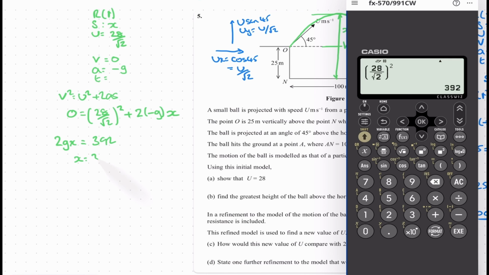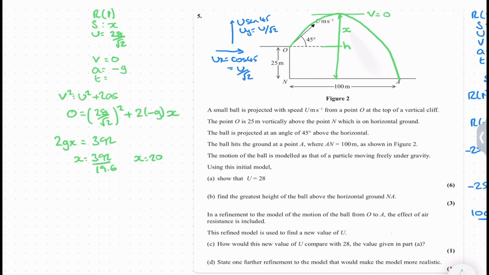So x will be 392 over 2 times g, 19.6. So x equals 20. If we go back to our diagram, if x equals 20, and the distance from the origin to the ground is 28, then the maximum height h will be 48 meters.